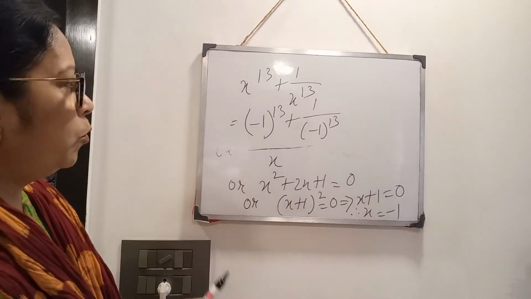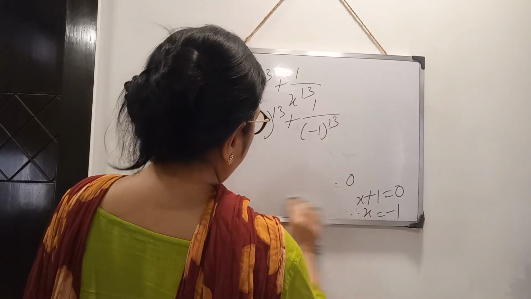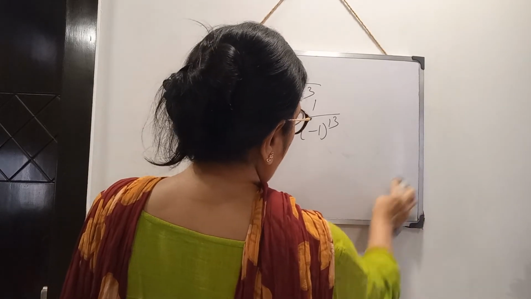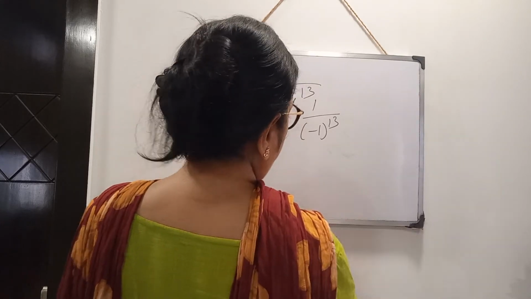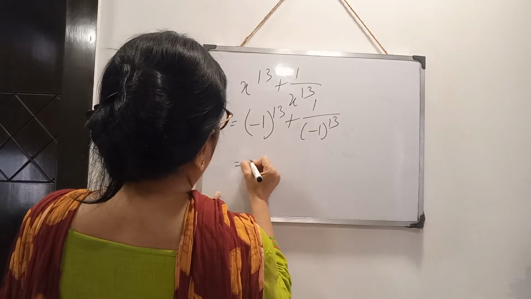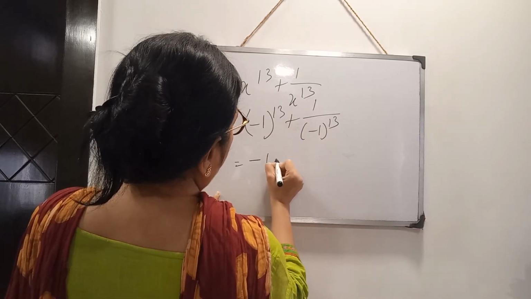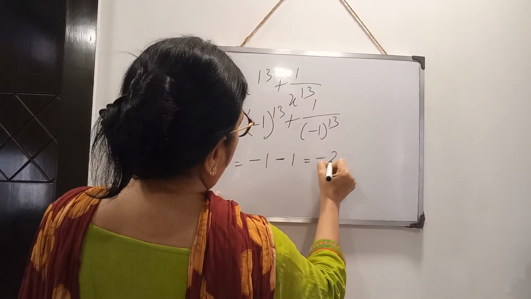Now, you know, if any negative number is multiplied an odd number of times, then its sign will come negative, minus 1, and here also minus 1. That plus and minus, I am writing in this form, minus 2.